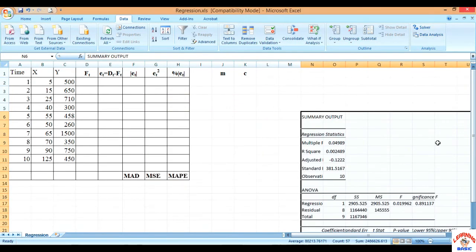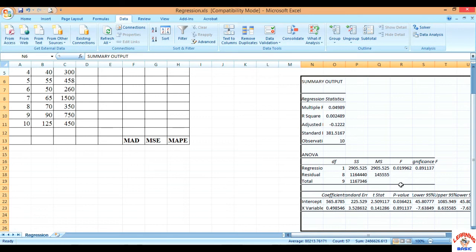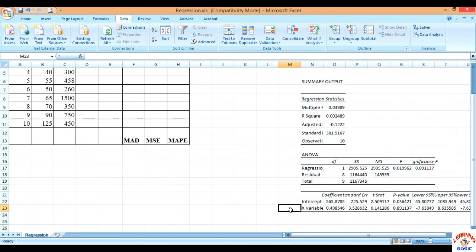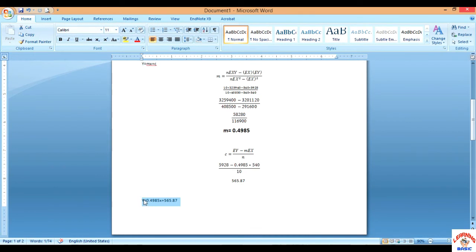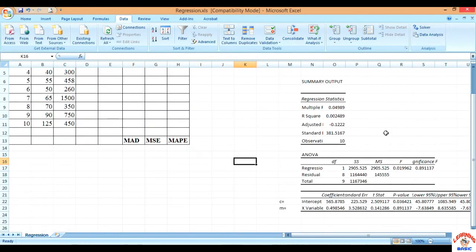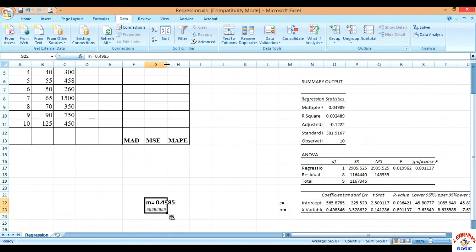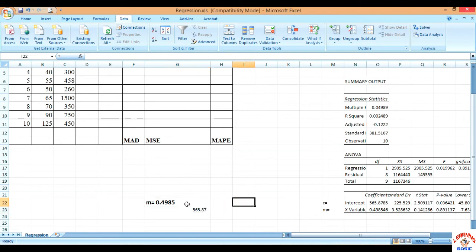Just press OK. So here we have the values. This is our m and this is our c. Let us compare the values. I'll copy these values over here. You can see m equals 0.498546 and c equals 565.87, so our calculation is right.